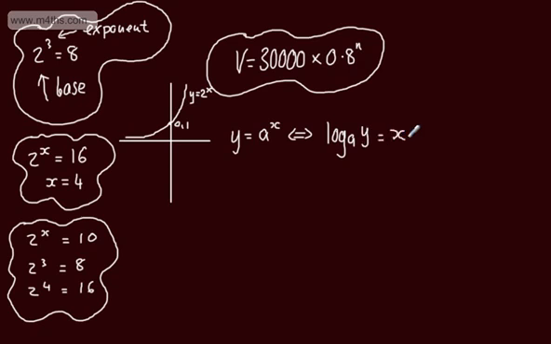What I want you to do is just hit pause and take a moment to read this. If y is equal to a to the x, then log to the base a of y is equal to x. The logarithm is simply now the exponent a base is raised by to get a value. So let's go ahead now and write this in log form.